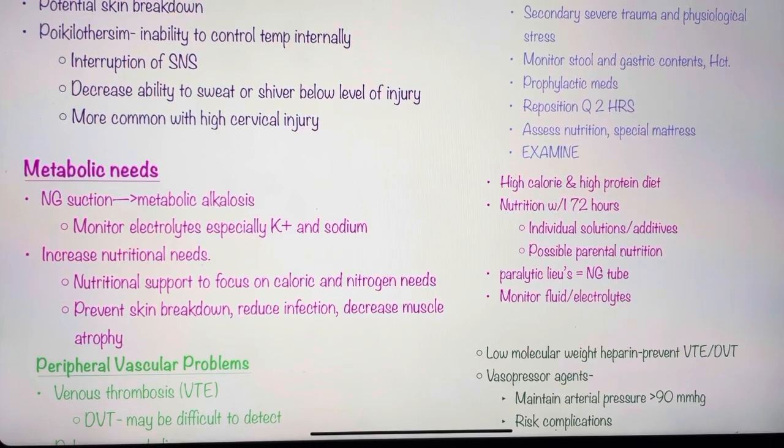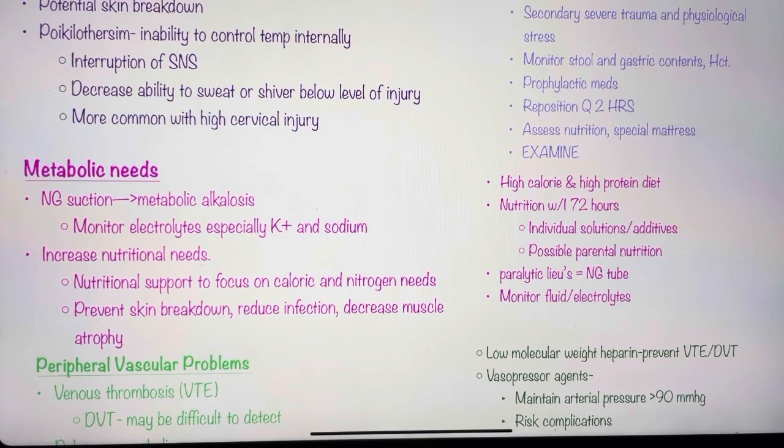We do usually start nutrition within 72 hours, and it can include individual solutions or additives and possible TPN. If there's a paralytic ileus, the NG tube will be indicated, as mentioned before, and we are going to continue to monitor these patients' fluid and electrolytes.